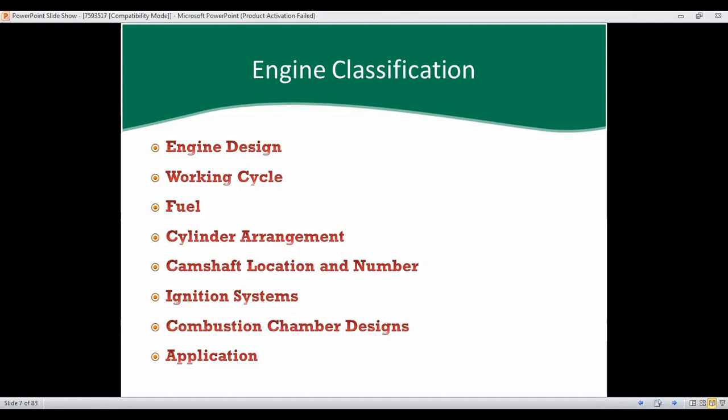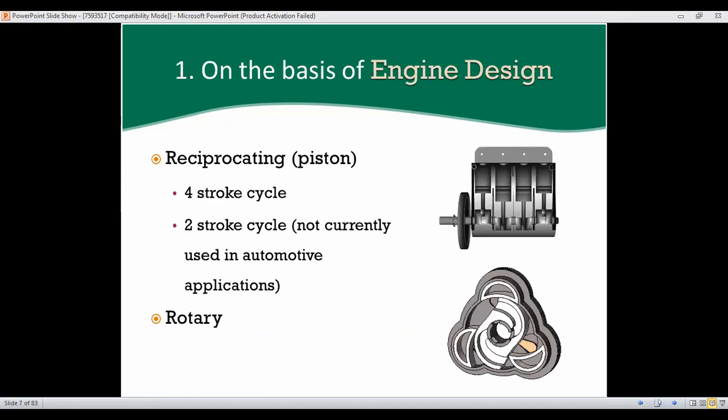First is engine design. Which type of design we can adopt for an engine? On the basis of that, we can classify the engine. We can see one by one how we can classify the engine in the different categories.